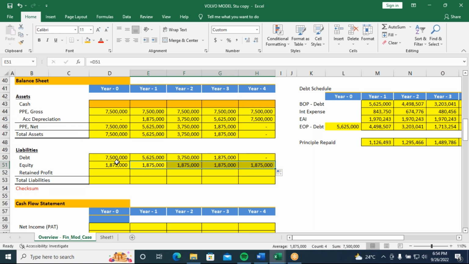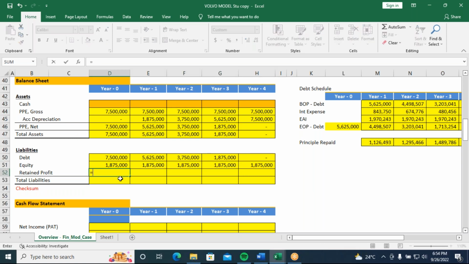Then when we are calculating the equity, equity will be out of 100%, they are telling that 75% will be loan, isn't it? So loan will be 75%, which means the remaining 25% will be my equity. Okay, so retained profit. Initially, we don't have any retained profit.